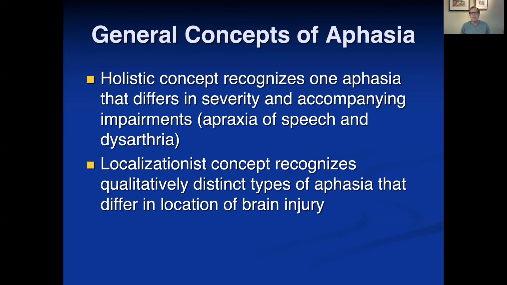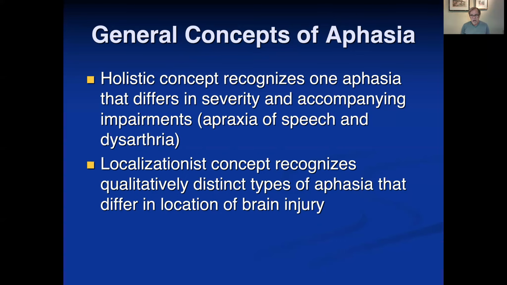Okay, now the general concepts of aphasia are twofold. There is a holistic concept that recognizes just a single aphasia, and the differences from one individual to the next, and there are very significant differences, have to do more with the severity of the aphasia and also any accompanying impairments.